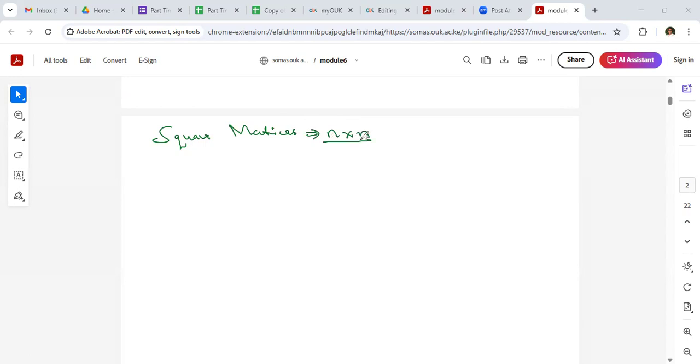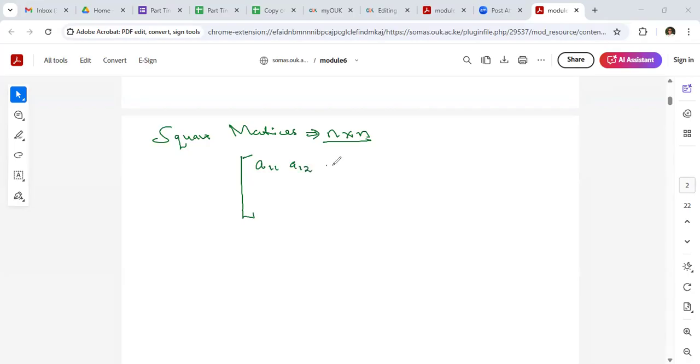And normally we represent the order of a square matrix by n by n. But you can write it as m by n, p by p, whatever, t by t, depending on your favorite letter of the alphabet. But in general, we use n by n for square matrices. The number of rows equal to the number of columns. And so you can have a matrix that looks like this.